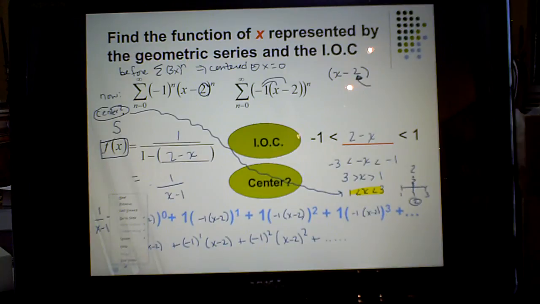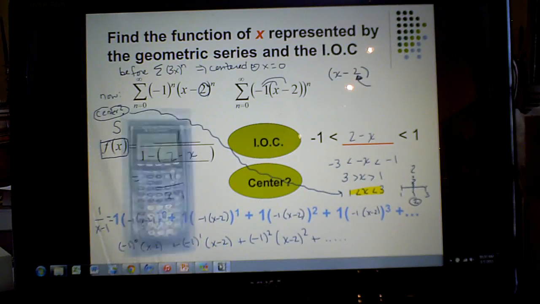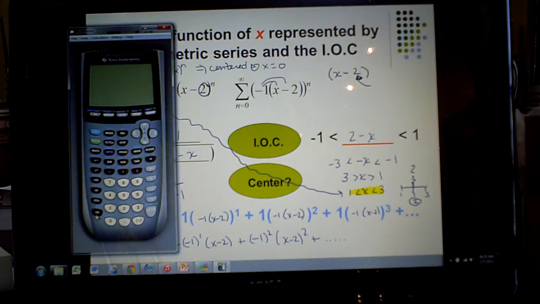So I'm going to go to the calculator. Come on, calculator.